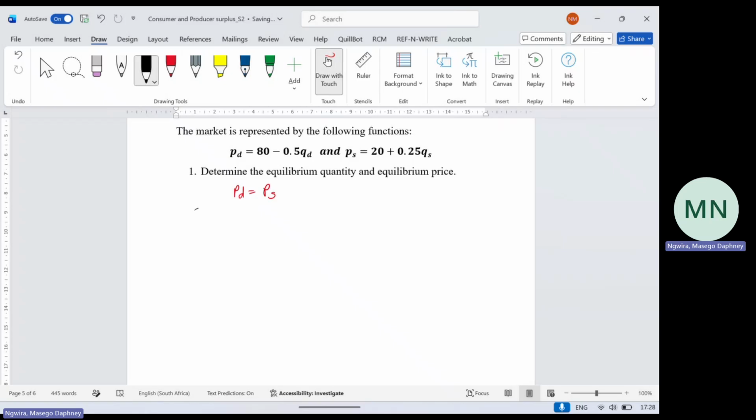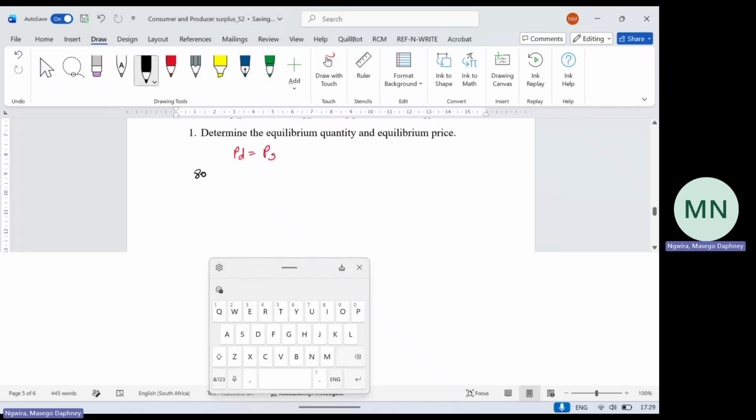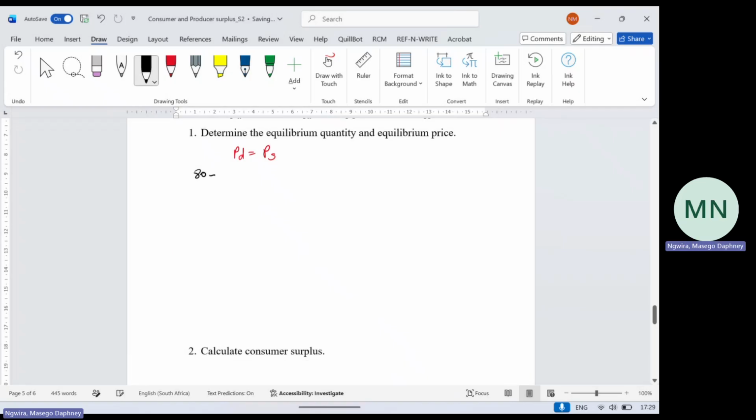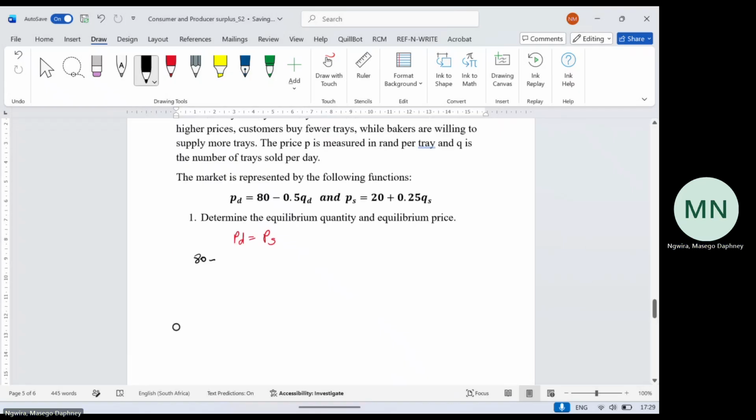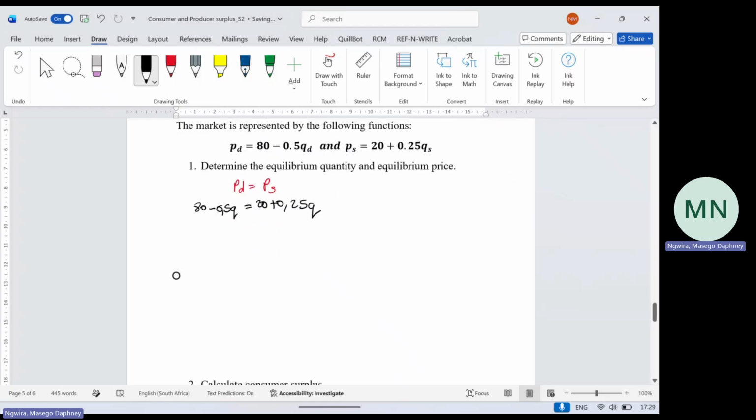Then we substitute: 80 minus 0.5Q equals 20 plus 0.25Q. Then we put like terms on one side.